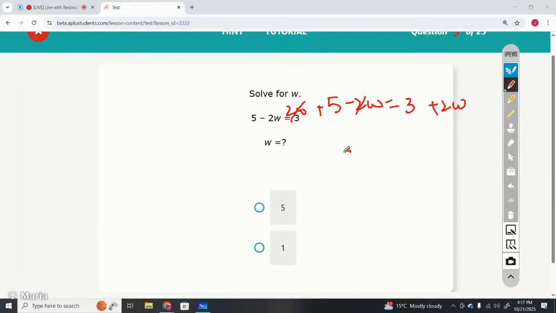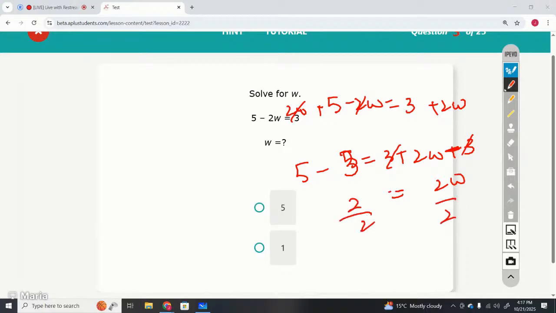So 2w minus 2w is 0. 5 equals 3 plus 2w. Now subtract 3 both sides. 3 minus 3 is 0. 2w equals 2.